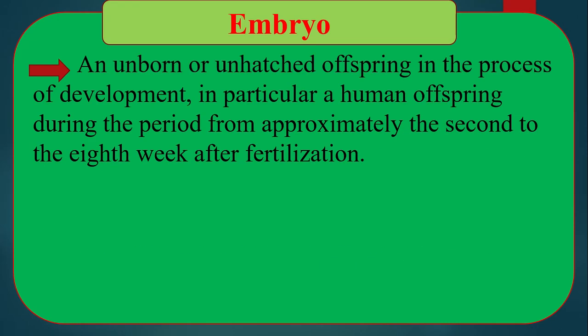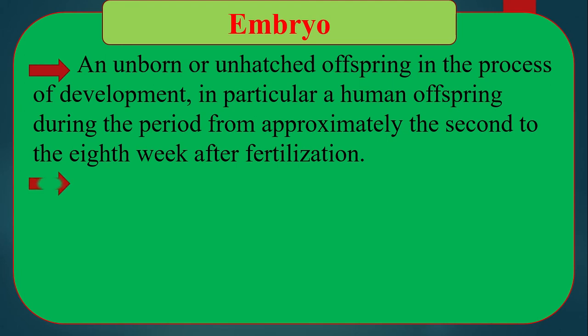Now the question, what is embryo? An unborn or unhatched offspring in the process of development, in particular a human offspring during the period from approximately the 2nd to 8th week after fertilization.